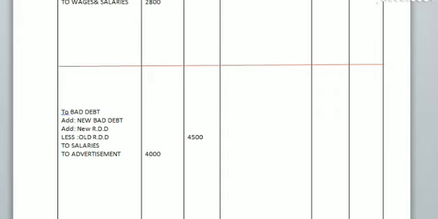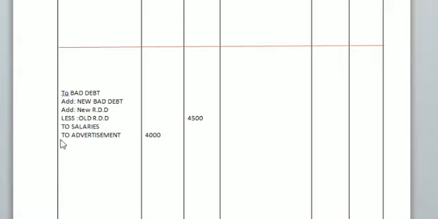And students, it is a hidden adjustment, so we always have to give its effect. Now it is paid for 2 years, therefore it is prepaid and we will minus it from advertisement, and the second effect will come on the asset side of the balance sheet. We will minus prepaid expenses, that is 4,000 rupees for 2 years.